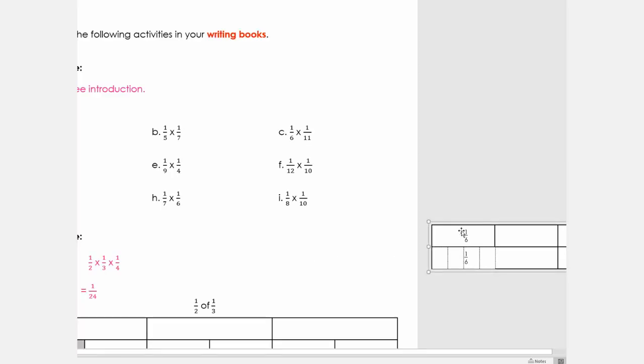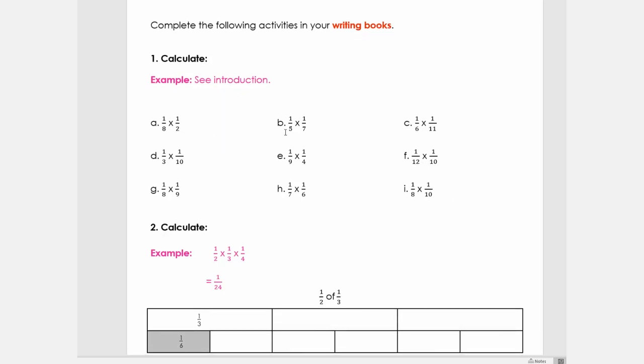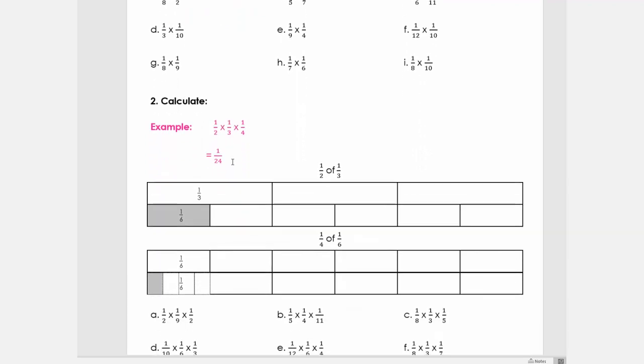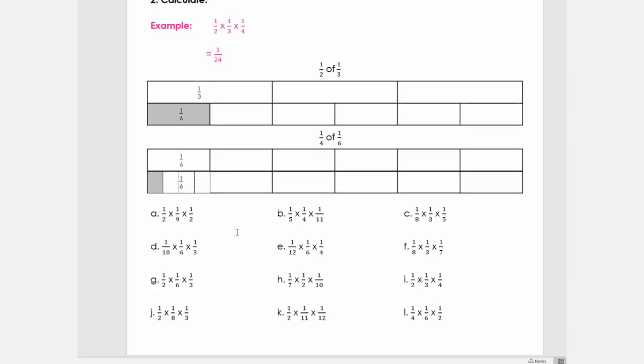So now you're going to go to your worksheet, and you're going to complete then these multiplication sums where you multiply two fractions. You're also going to do then these examples where you're going to demonstrate it then on a fraction wall.